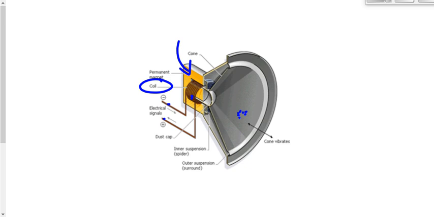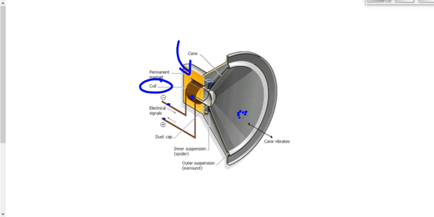So ultimately, I have sound in my phone converted to an electrical signal that's proportional to the sound, producing a magnetic field that's proportional to the electrical signal, which is proportional to the sound, which causes a permanent magnet to be attracted and or repelled.